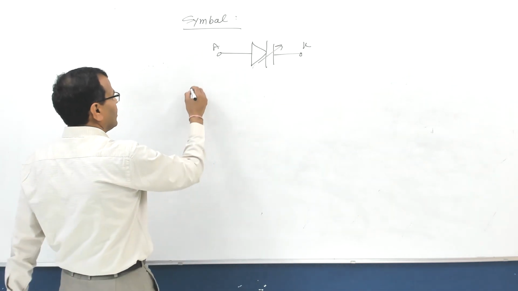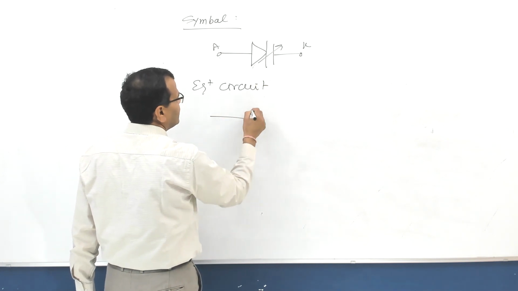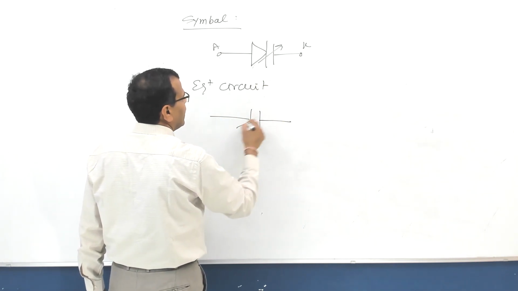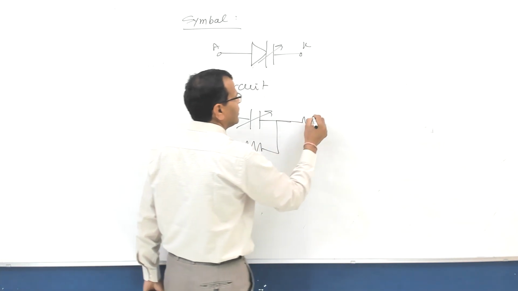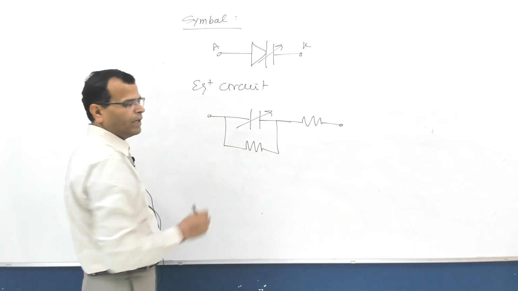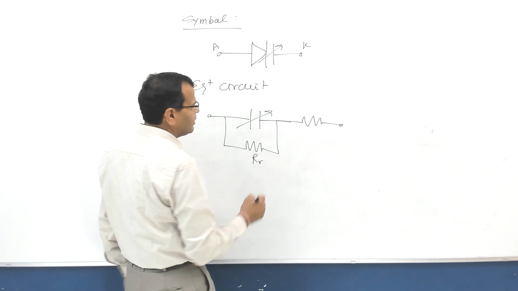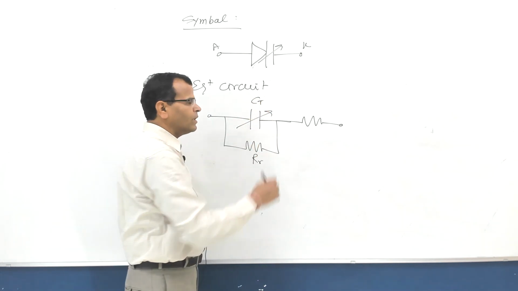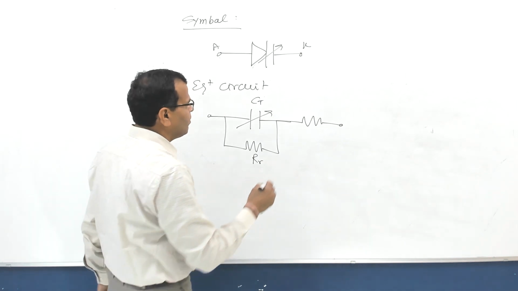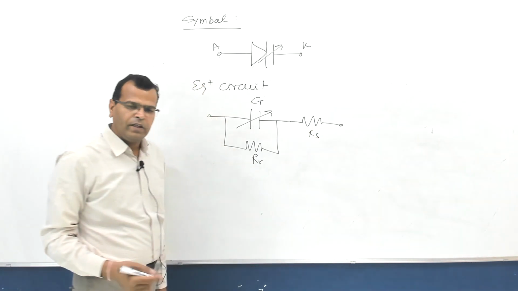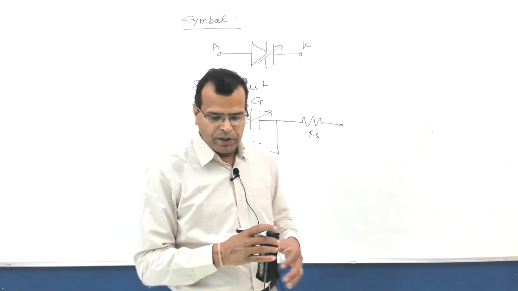That is the symbol of your Varactor diode. Then what is the equivalent circuit? Equivalent circuit of this is: show a variable capacitor like this, then show a resistance in parallel to this, then show a resistance in series with that. Fine. Where R is resistance of the diode, C is transition capacitance of the diode, and this RS is nothing but series resistance of the body, you can say contact resistance of the diode. R is resistance of the diode under reverse biasing mode.